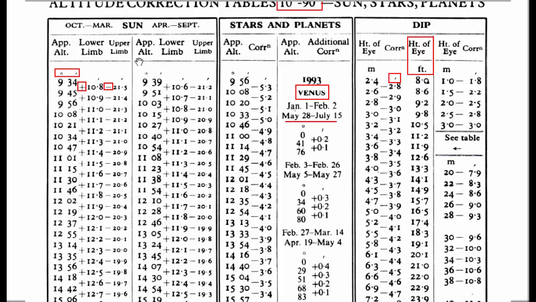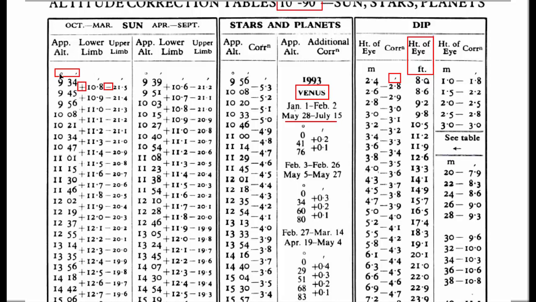So we have the left-hand group of columns marked sun, and since our month is November, we choose the leftmost set of columns here, October to March, and below that you see three columns: apparent altitude, lower limb, upper limb. Now we took a lower limb shot, so we're going to be using the middle column here to get the AC1 correction.